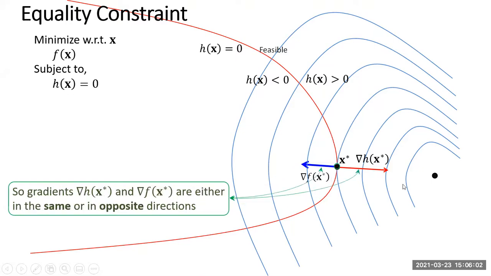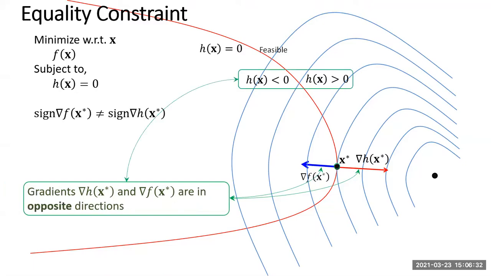In this case, h of x less than 0 here, h of x greater than or equal to 0. This was the direction of del of h, the gradient of h. This was the direction of the gradient of f of x, the objective. And since these two curves are tangents, these two are in opposite directions. Correct? So they're in opposite directions in this case.